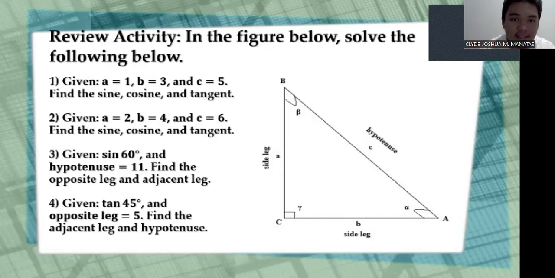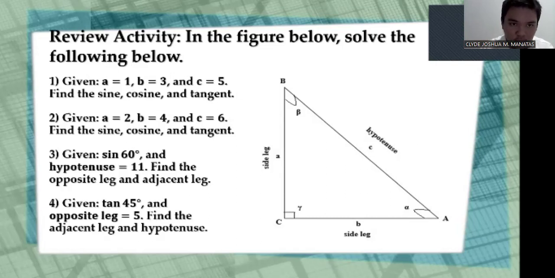Correct, it's 1 over 5, because sine is equal to opposite over hypotenuse. The opposite leg there is 1 while the hypotenuse is 5. So that's why 1 over 5.